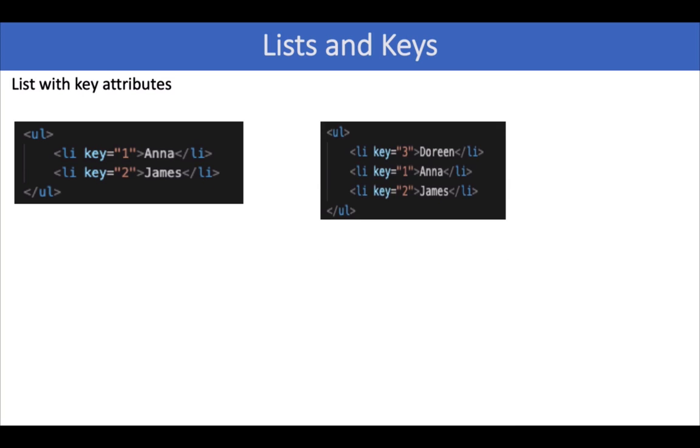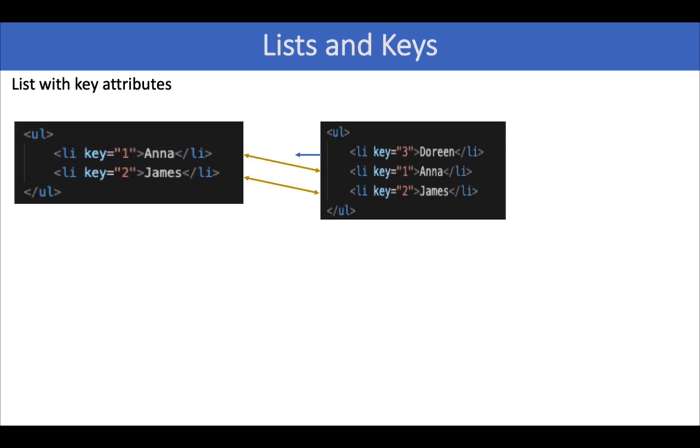Now React knows that the element with key 3 is the new one, and the elements with keys 1 and 2 have just moved, so React will preserve the subtree and simply insert the new item at the top of the list, hence more efficiently.